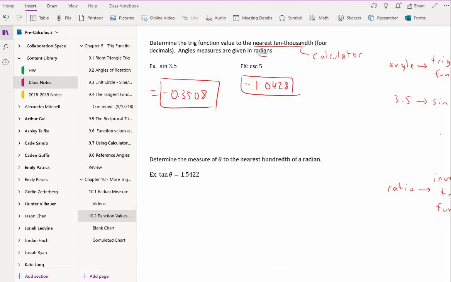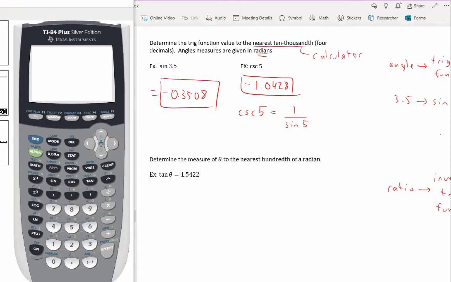If I weren't using the Inspire, the reciprocals are a little bit trickier, but cosecant really is just 1 over sine. So I would type in 1 divided by sine of 5. Maybe you're working with the TI-84, or an 83 or 89, they're all basically the same. First, I need to make sure my mode is in radian mode. So I'll hit the mode button.